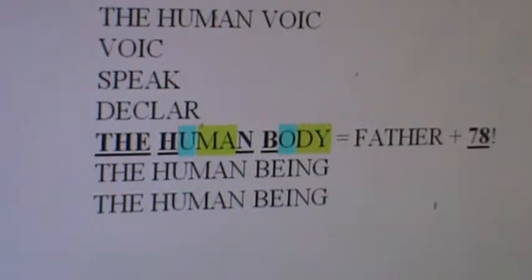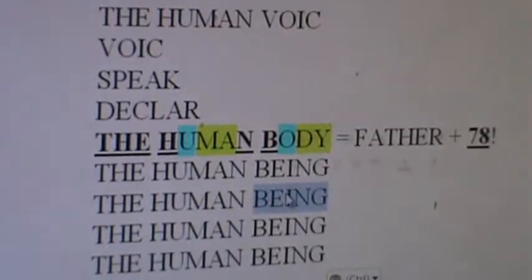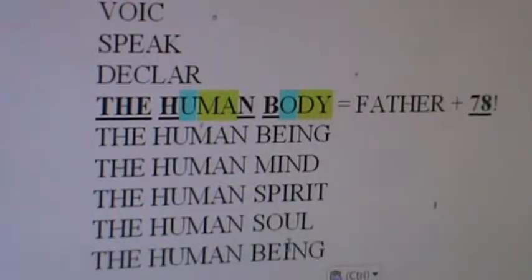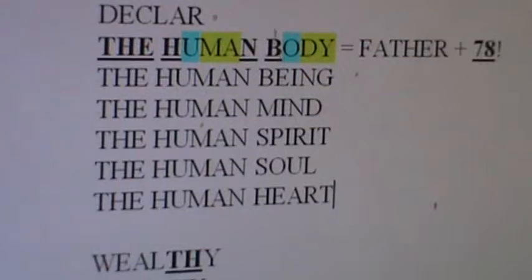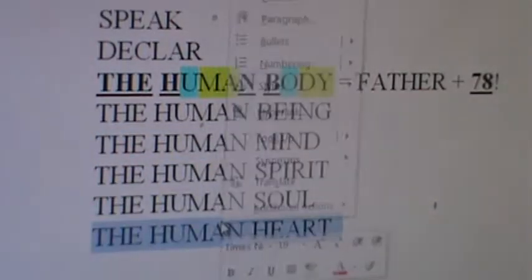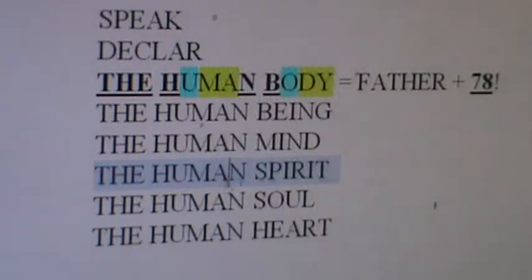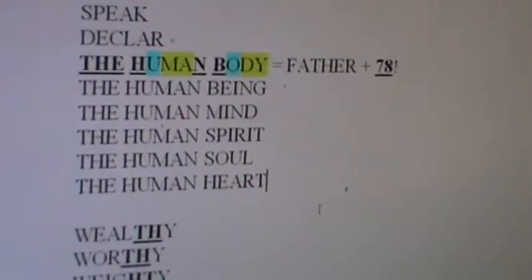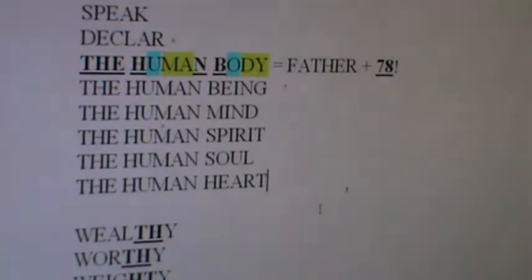So the human being, the human mind, the human spirit, the human soul, the human heart, all of these, the final word yields the +1 for Father, but I'm just adding this glory pile in front, which is 90, a lovely 3-fest. So now you just keep jacking all these up. Human spirit is the highest one. Okay, so very cool. Okay, I think every knee shall bow and every tongue shall confess.